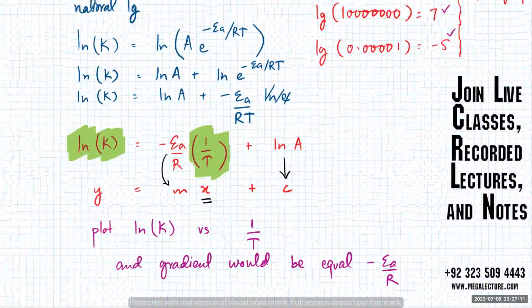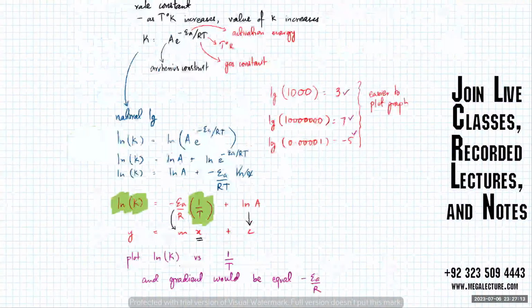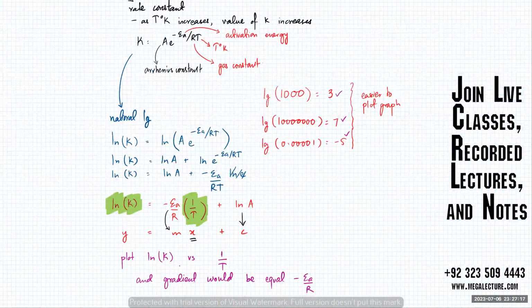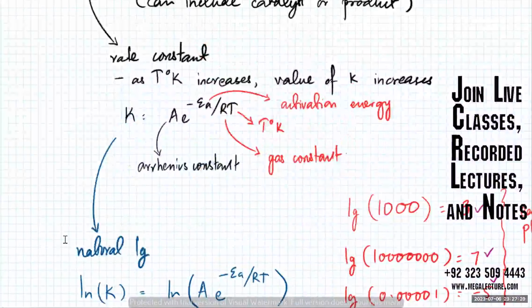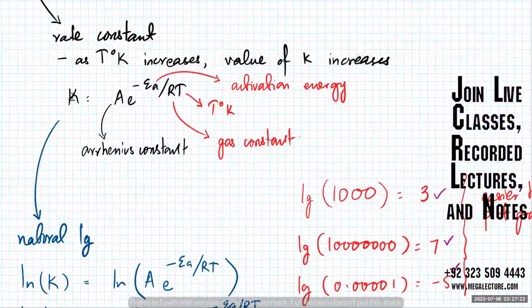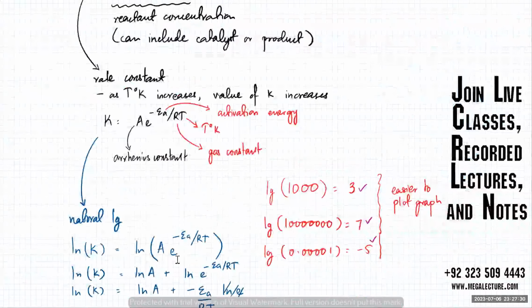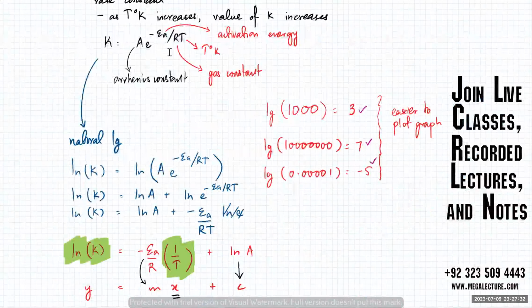Now, you don't really get questions on this. It's just an experimental thing that you have this relationship of k. I mean, you know how to calculate k, right? We did this last time. Yesterday we learned how to calculate k, right? So you can calculate k. k has this relationship with respect to temperature, the activation energy and the gas constant.